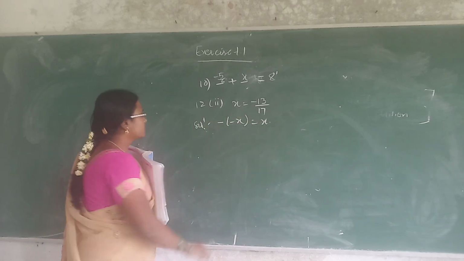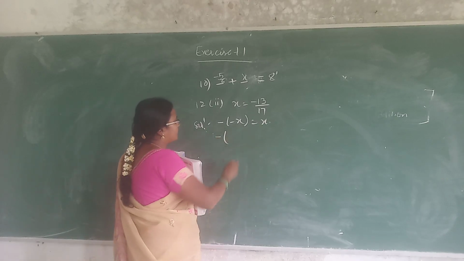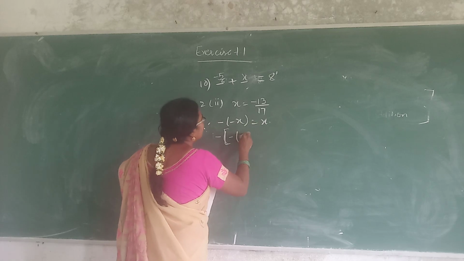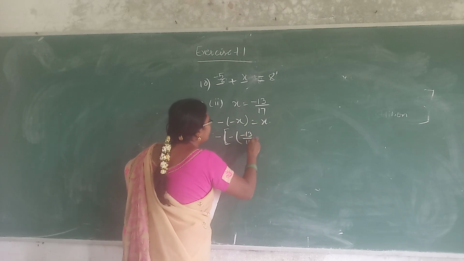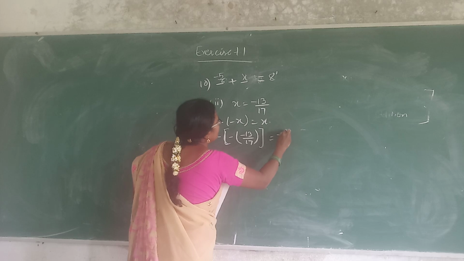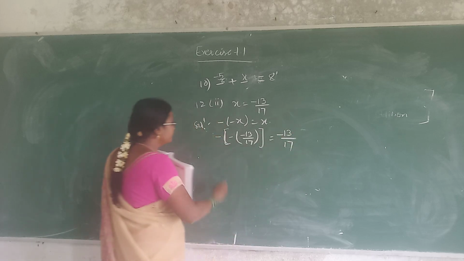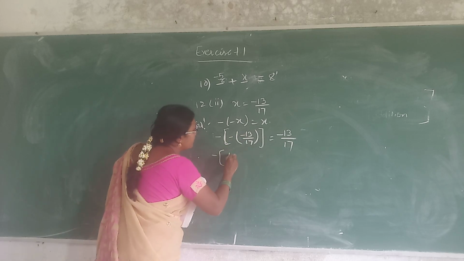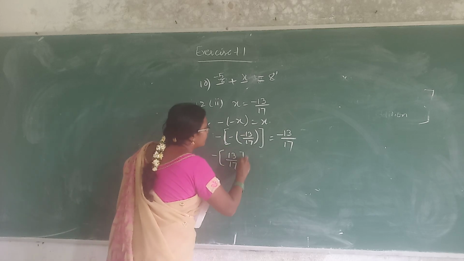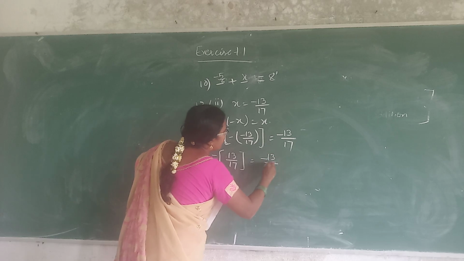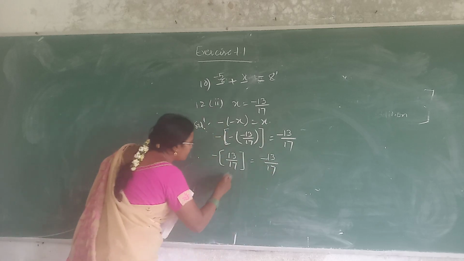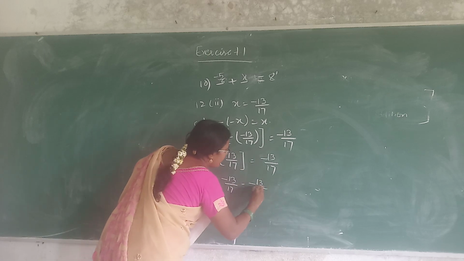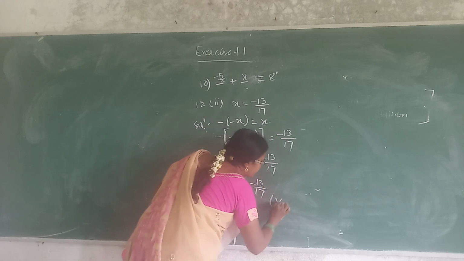So, observe here: minus of x is minus 13 by 17, so minus of minus 13 by 17. Minus into minus is plus, it becomes 13 by 17. Minus into 13 by 17 is minus 13 by 17, which equals minus 13 by 17. It's verified.